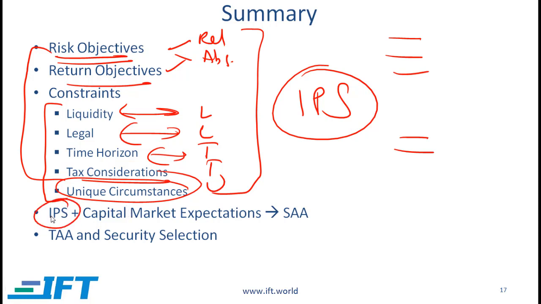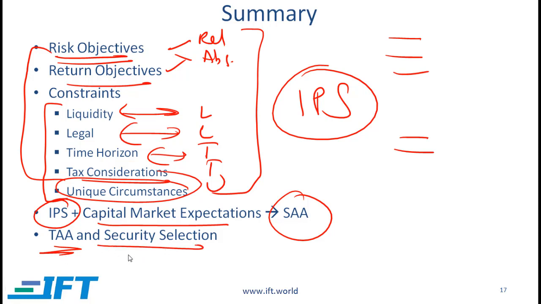We combine information from the IPS, which is investor specific, with capital market expectations to come up with an appropriate strategic asset allocation. At times, we might deviate from the strategic asset allocation based on our short-term view of the capital market. That deviation is called tactical asset allocation.